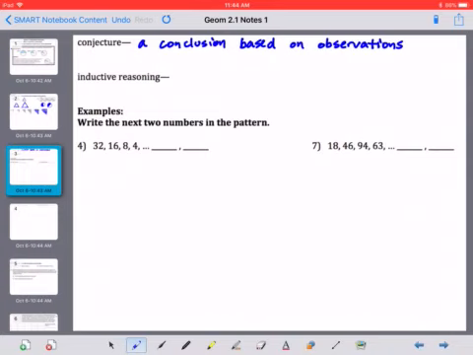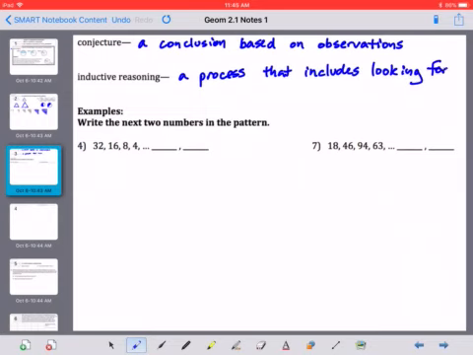Inductive reasoning is a process that includes looking for patterns and making conjectures. You make those conjectures based on the patterns that you see.